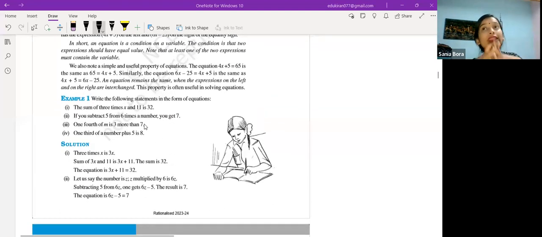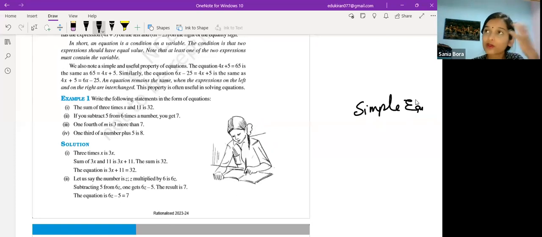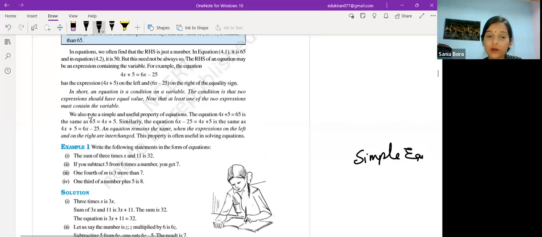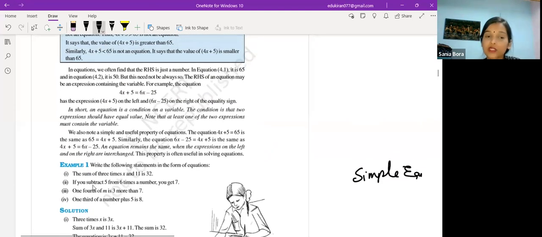Okay. Now, in this simple equation, basically, algebraic expression was very much easy, right? But in this simple equation, you have to form the equation itself. So sometimes it becomes difficult because sometimes our brain doesn't work and we don't know what to write, right? So over here we will be doing some questions. See, the sum of 3 times x and 11 is 32.